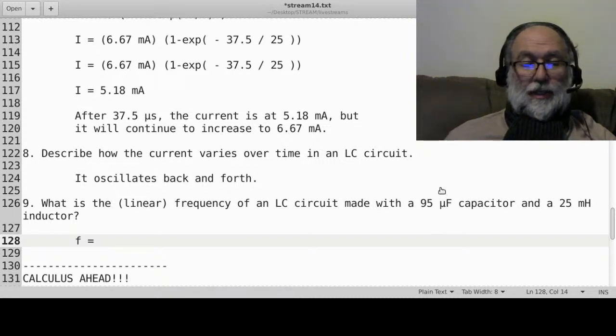Yeah, I should have looked at the formula beforehand. But see, there's two ways. One is in terms of the angular, and the other is in terms of the linear frequencies. I think I did both, actually.